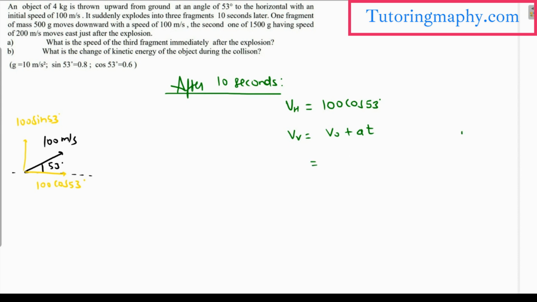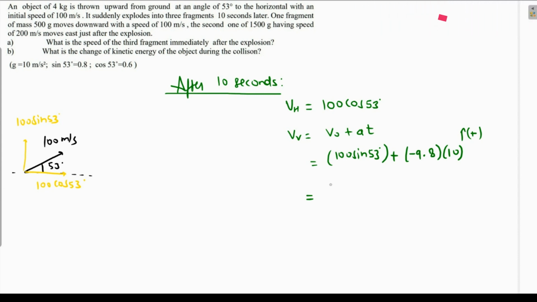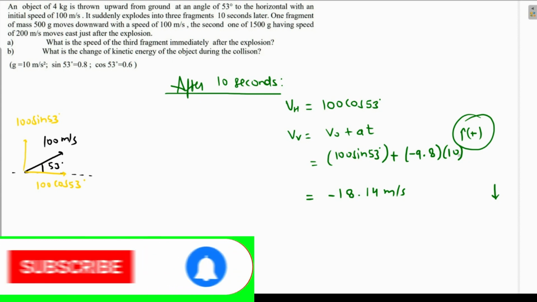Taking upward as positive, v naught is 100 sine of 53, acceleration is minus 9.8 and t is 10. So 100 times sine of 53 minus 98 is minus 18.14 meters per second. What is the meaning of the minus value? It means its direction is downwards because upward was taken as positive.